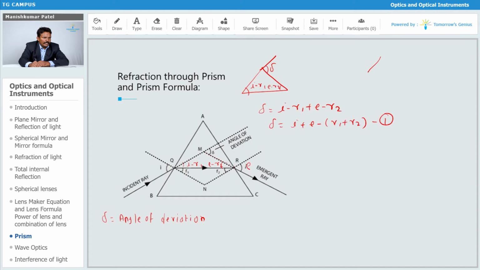Then consider the quadrilateral in which two angles are 90 degrees.